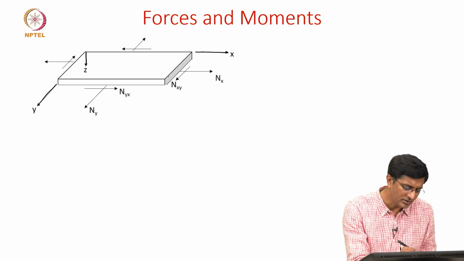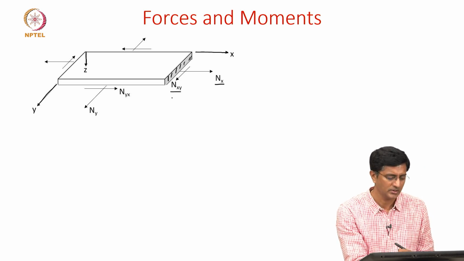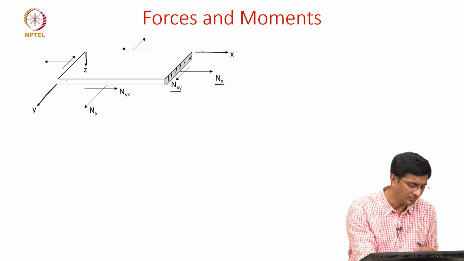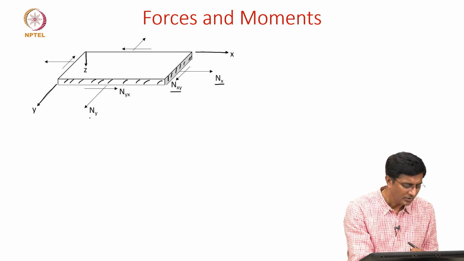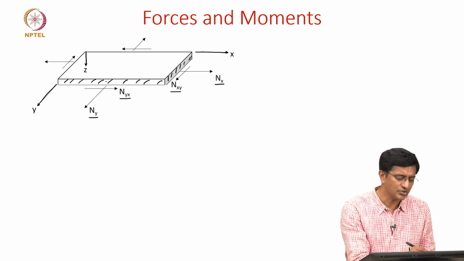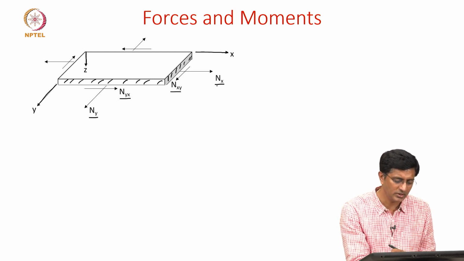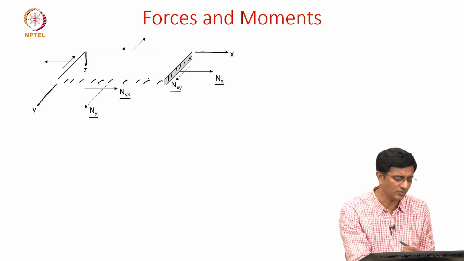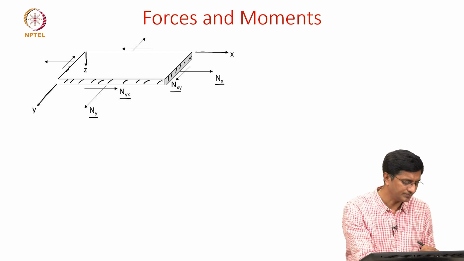So on this face there is a horizontal force Nx and a shear force Nxy. Similarly, on this plane, we have the normal force Ny and the shear force Nxy. And the same forces will also be applied in the opposite plane, which is behind. Similarly, these forces Nx and Nxy will be applied on the opposite face, which is shown here.